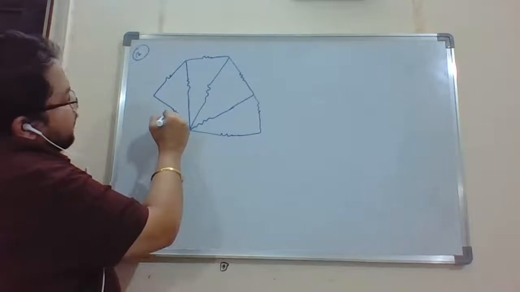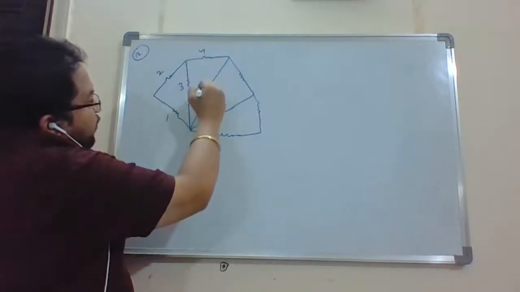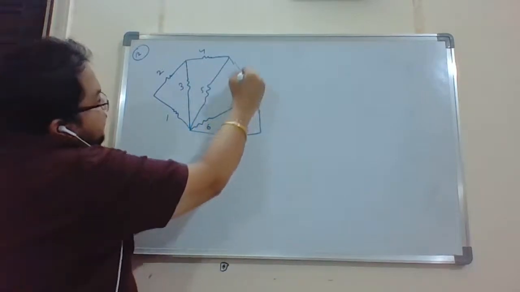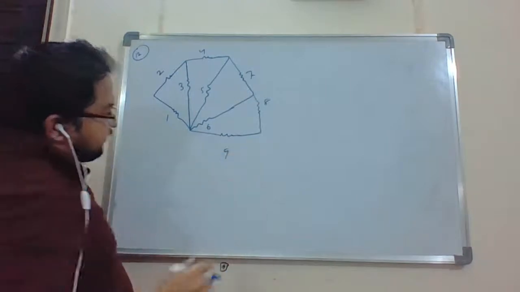So we have one, two, three, four, five, six, seven, eight, nine resistors.